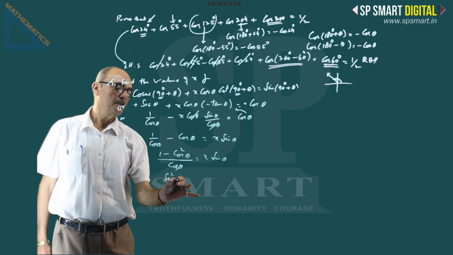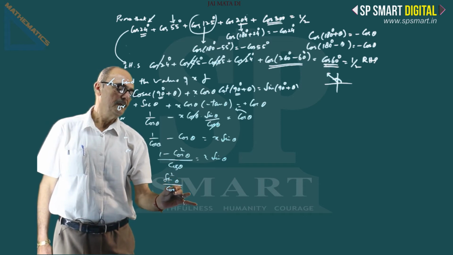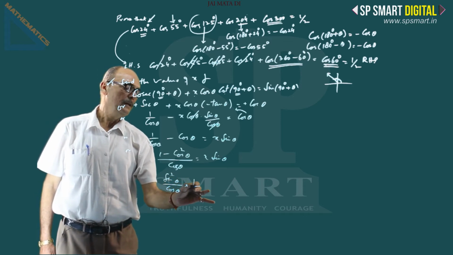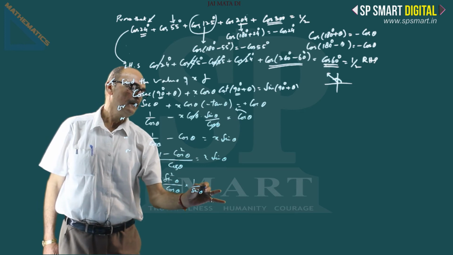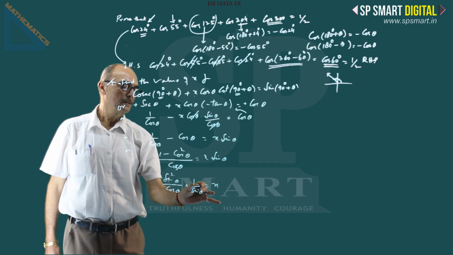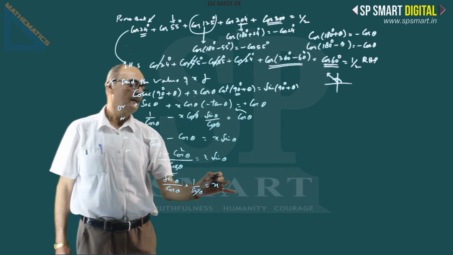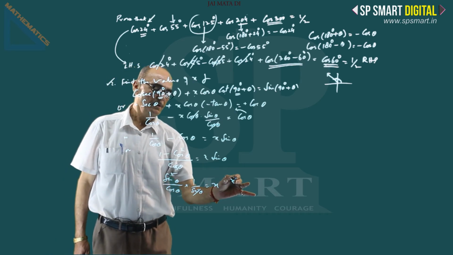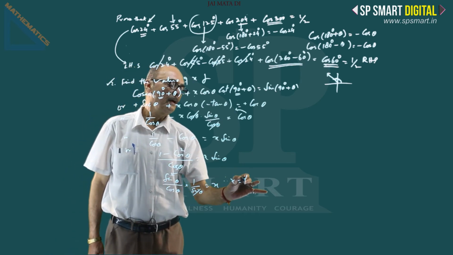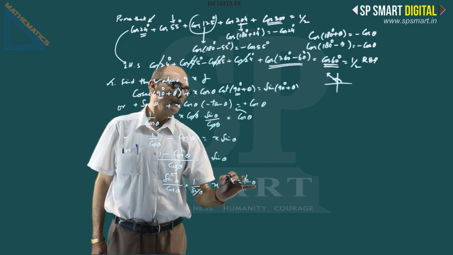This is a formula used in 10th class. Cos of theta into 1 by sine of theta is x. This sine theta and this cancel, and finally x equal to tan theta.